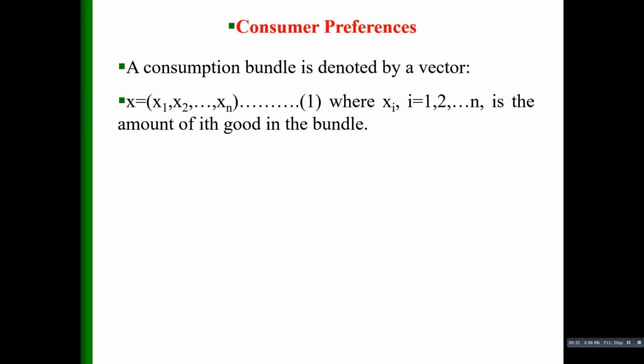Let me start with the consumer preferences. A consumption bundle is denoted by a vector x, which is equal to x1, x2 up to xn, where xi is the quantity consumed of the ith good, and i varies from 1, 2 up to n.